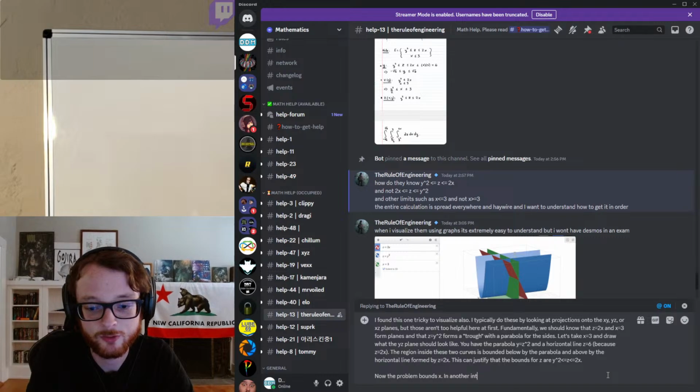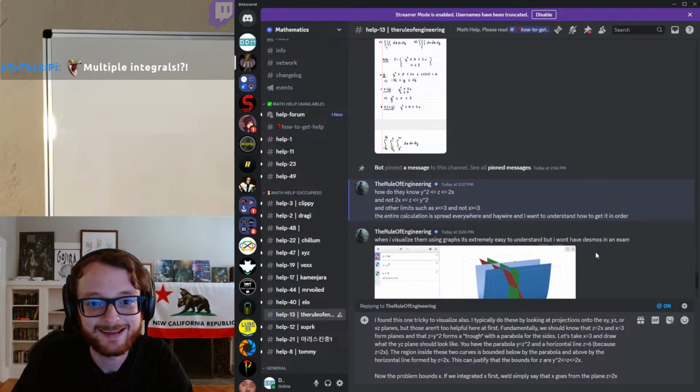In another integration order, if we integrated x first, we'd simply say that x goes from the plane, z equals 2x.